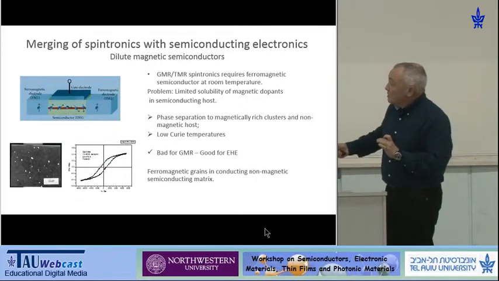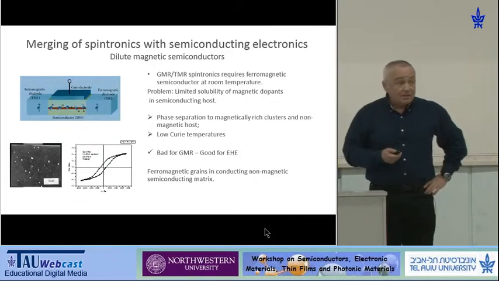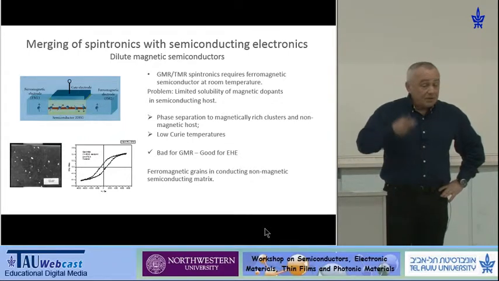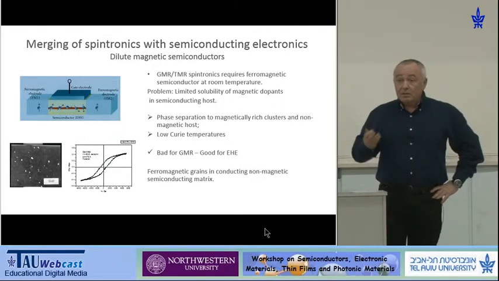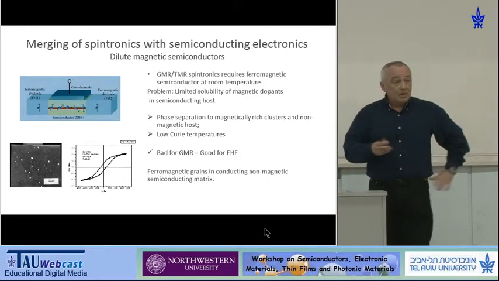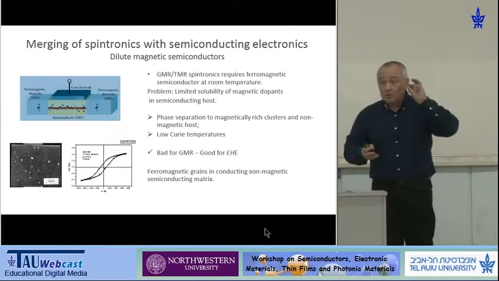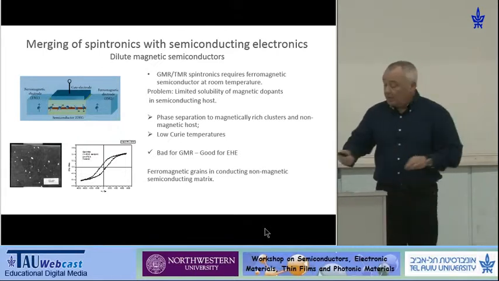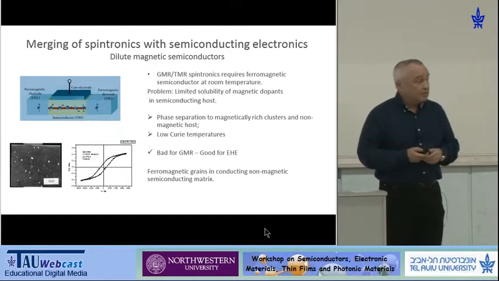And so, this is just an example that we measure EHE in a material which is definitely not ferromagnetic, but is based on a conducting semiconductor with localized ferromagnetic clusters, and we do have an extraordinary Hall effect response.